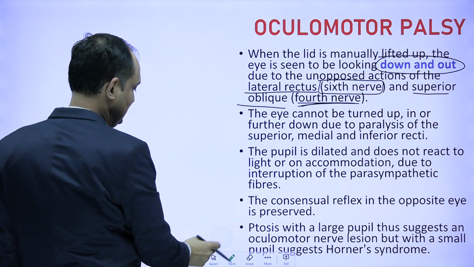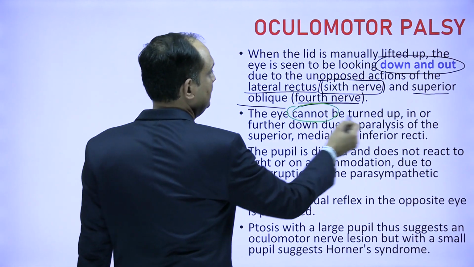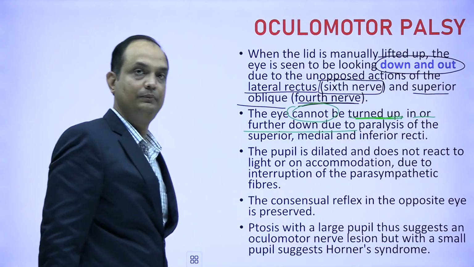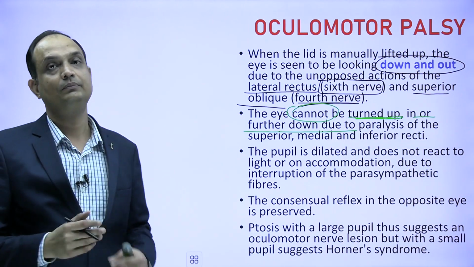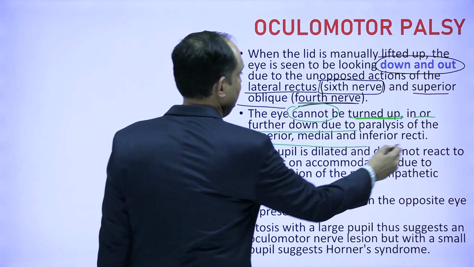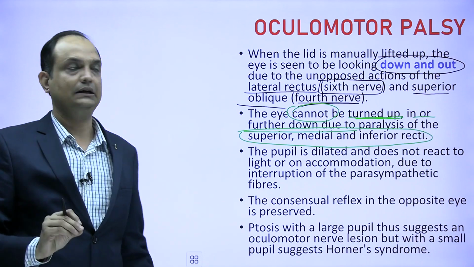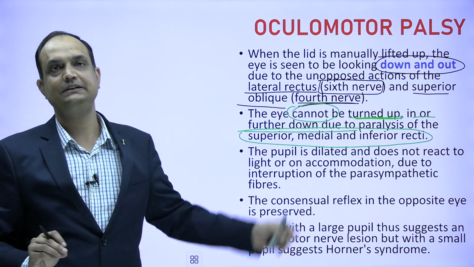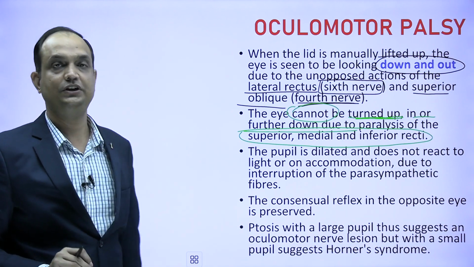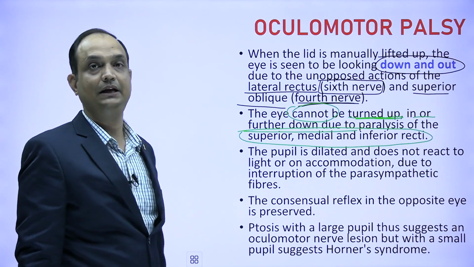Another important thing is that the eye cannot be turned upward or inward or further downward because of the paralysis of muscles supplied by the 3rd cranial nerve, that is the superior, medial and inferior recti. The most important thing apart from these extraocular muscle palsies, in case of oculomotor nerve injury, is that the patient has a loss of parasympathetic responses.